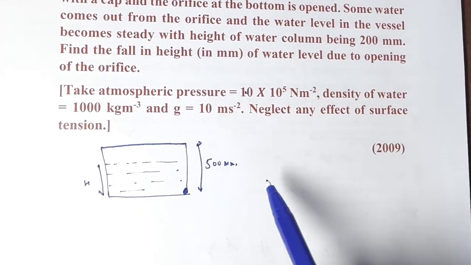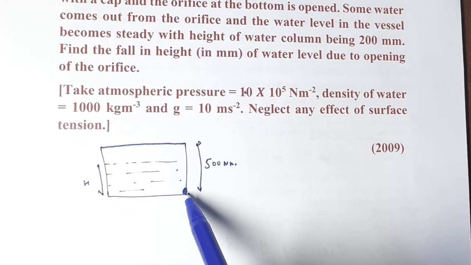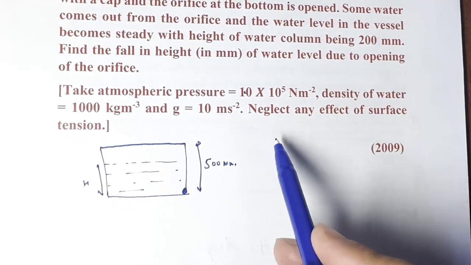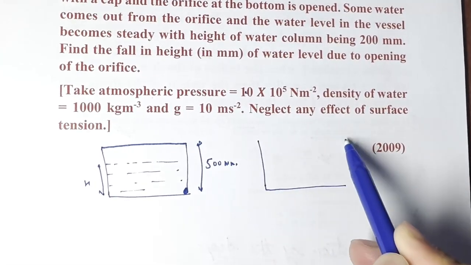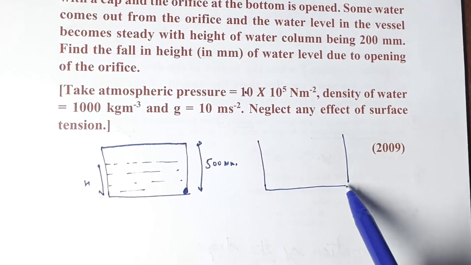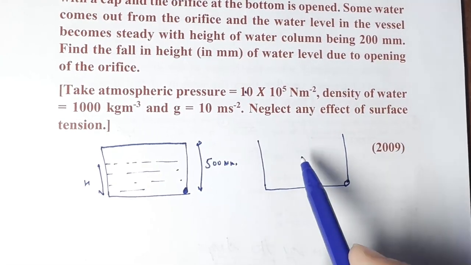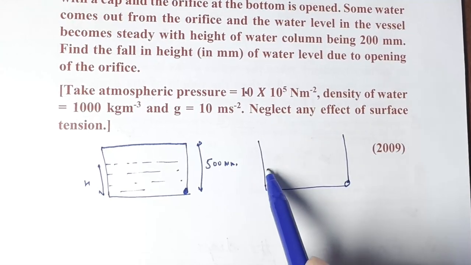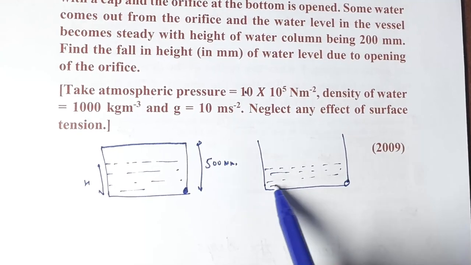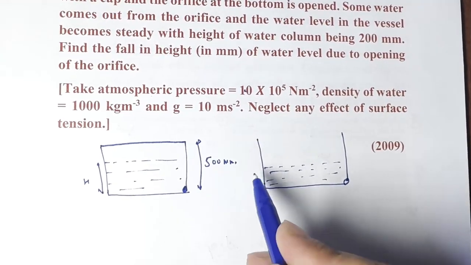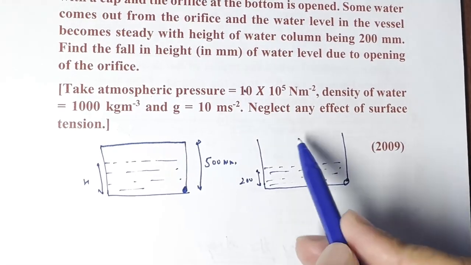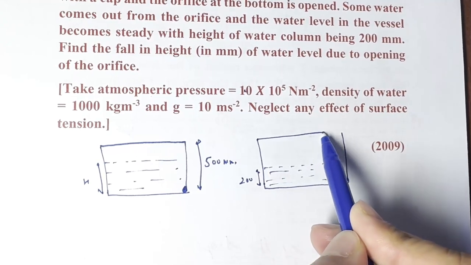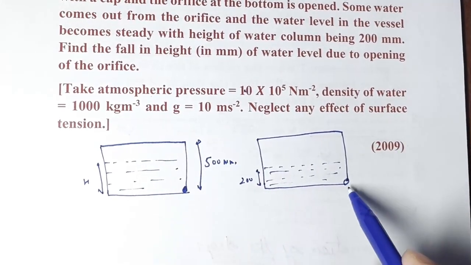and later on, as it is sealed from top, this orifice is opened and we get a slight reduction in the height of the water, and that reduced height of the water is given as 200 mm. This is 200 mm, and the vessel is sealed from the top, and this is the orifice.